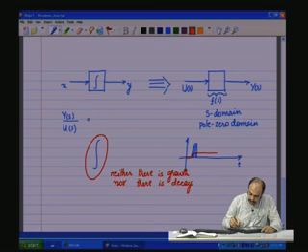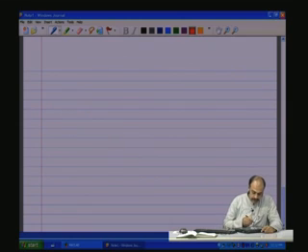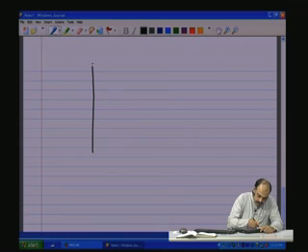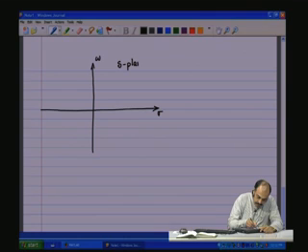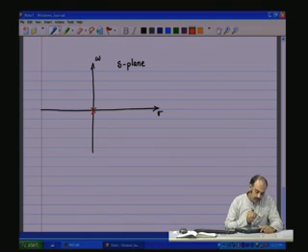So, if we go back to the S plane, let us say I will write the S plane, and you have the sigma and the omega, and this is the S plane. Okay. And let us say I have a pole there exactly at S equal to 0 plus j 0.